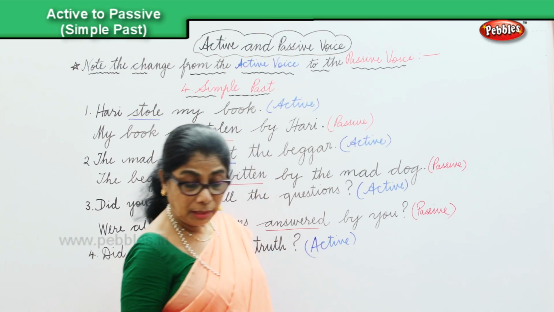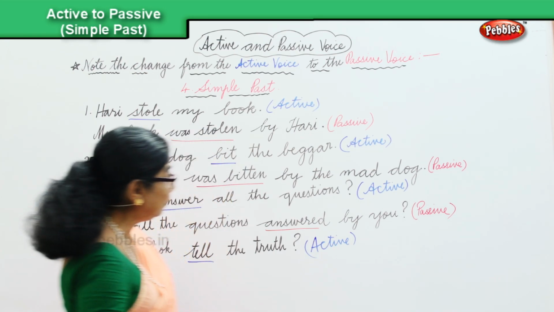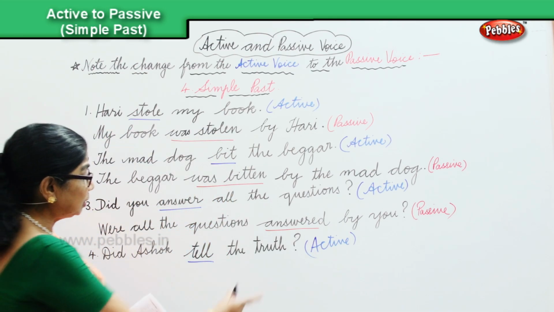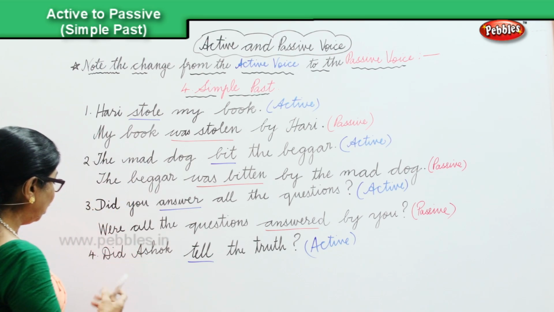Now let's change over. Note the changeover from the active into the passive. Let's look at this. Was the truth told by Ashok?